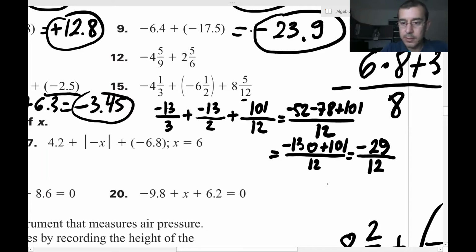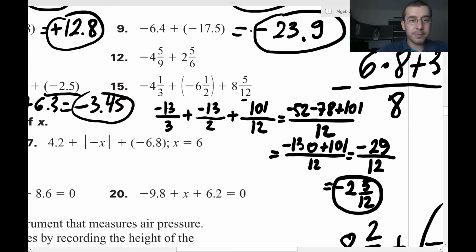Or that is minus 2 wholes and 5 over 12. Okay, because 2 times 12 is 24, and then there is 5 remaining to 29, 5 over 12. That was number 15.